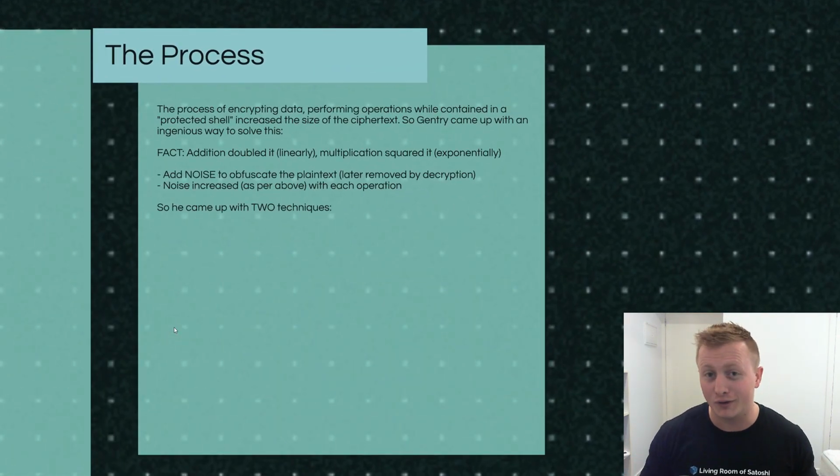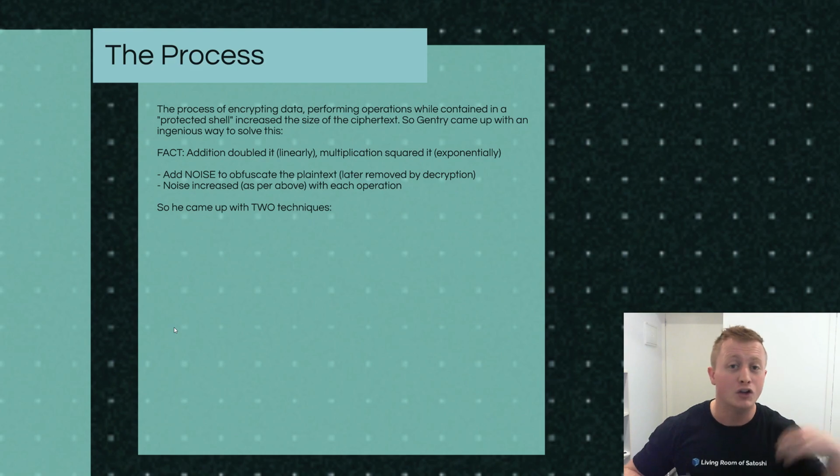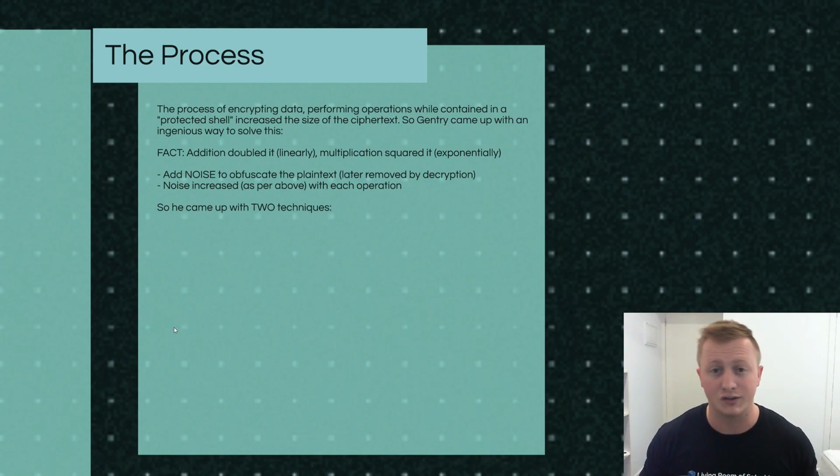Because it's not as simple as it seems. You can't just send the data, do an unlimited number of operations without something happening. So what actually Gentry came up with was an ingenious way to solve the actual size of the ciphertext growing over time. Because the fact is here, addition, when they did A plus B, it actually doubled the actual size of the ciphertext. Multiplication squared it.